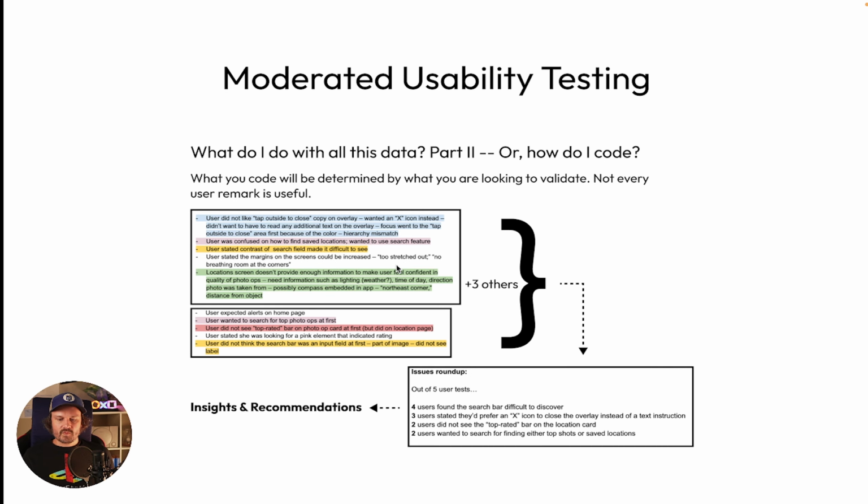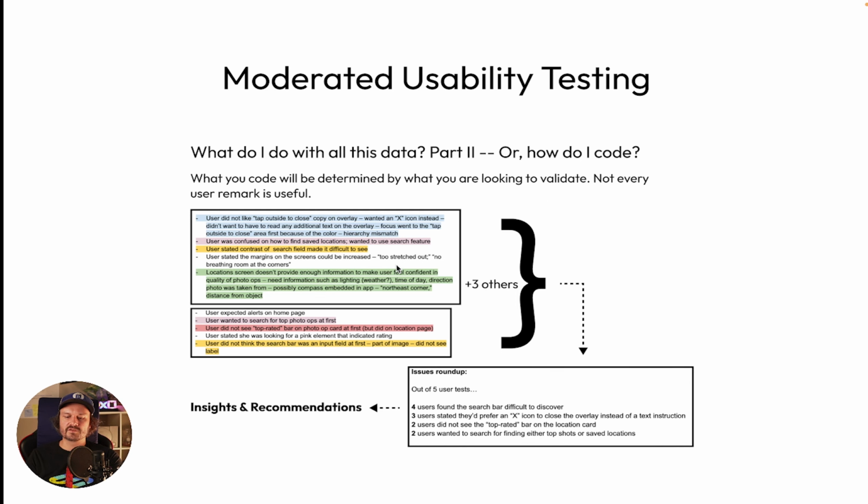Once I am done with that first user, I will make sure that Google Doc is as concise as it can be. Then I will move on to the next recording and start taking the same type of notes. However, on the second and every subsequent recording that I review, I begin to hear users say the same thing.